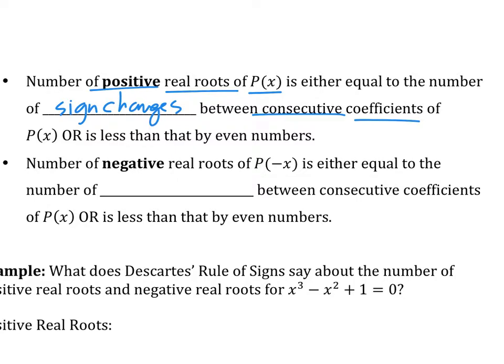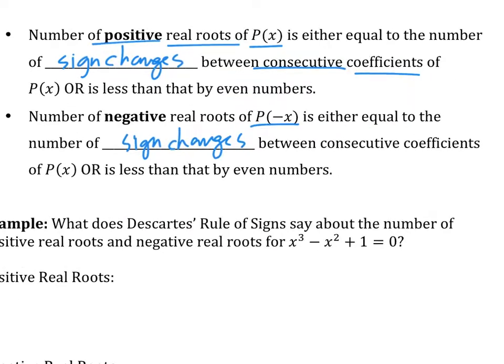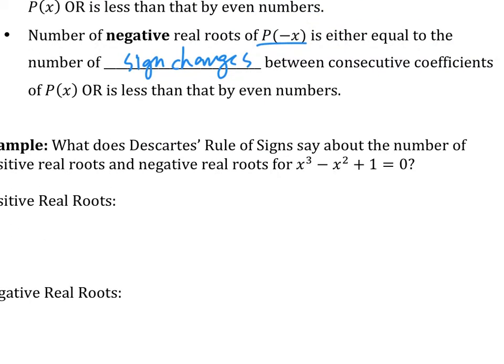The second one, the number of negative real roots of p of negative x is either equal to the number of sign changes between consecutive coefficients of p of negative x or is less than that by even number. Okay, so basically, he's saying there are some ways of guessing what kind of roots there may be.